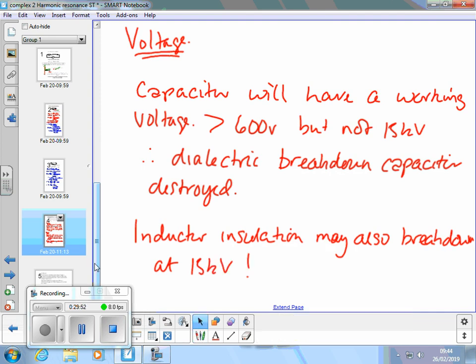The insulation of the inductor could well not withstand 15 kilovolts for any length of time. So although the insulation is an insulator, there are limits as to how much pressure you can apply without causing breakdown. So we may get insulation problems with the inductor and other circuit components.